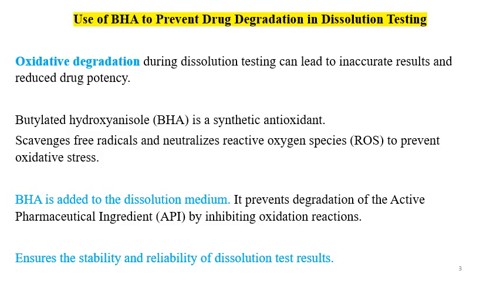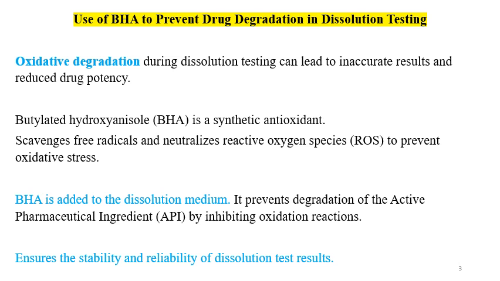Generally, sometimes antioxidants are used, sometimes chelating agents are used, sometimes specific buffers are prepared, and then the dissolution is tested. So, if the drug undergoes oxidative degradation during dissolution testing, then an antioxidant like BHA, butylated hydroxyanisole, can be used.